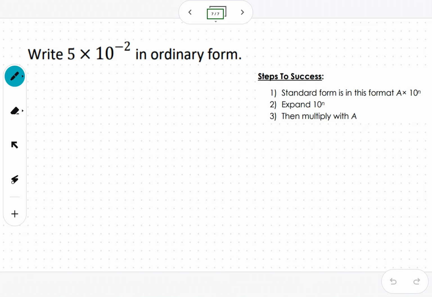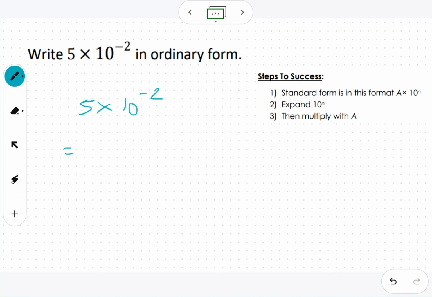Now 5 times 10 power negative 2. Also negative here, but this time I'm going to use the moving the decimal point method. This is negative 2, so you want the ordinary number to be smaller, because the power is negative.